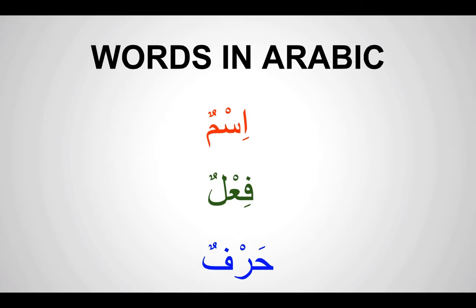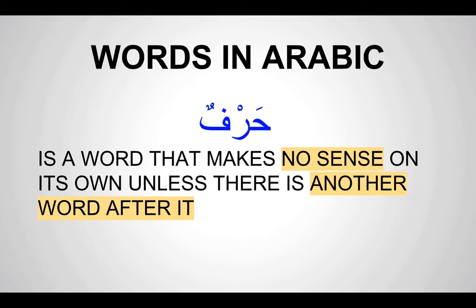So we learned that harf is a word that makes no sense on its own unless there is another word, like we've learned so far: ala, ila, fi, li, min. These are all harf.